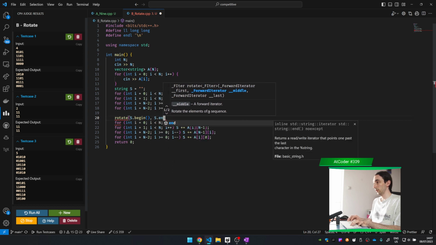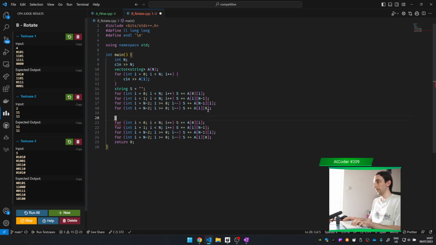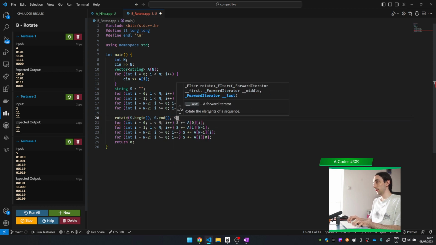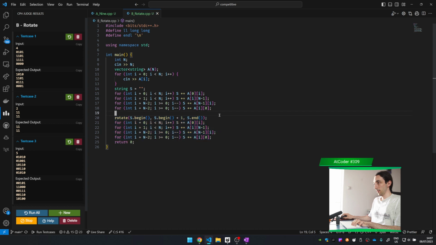I don't remember how we rotated it. And then from here, a of this is equal to s[p++], and then here a of this is equal to s[p++].